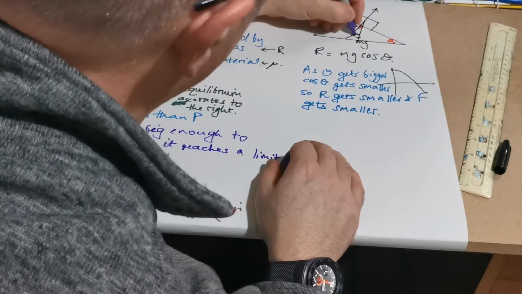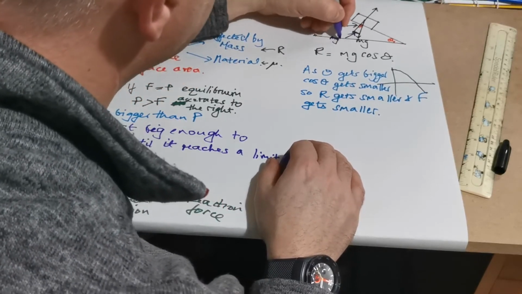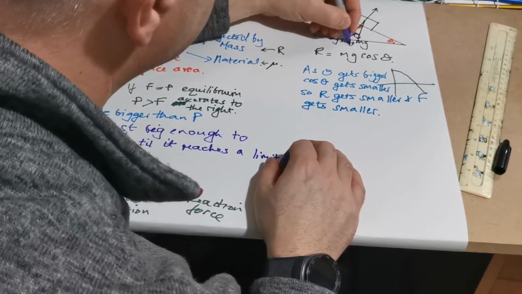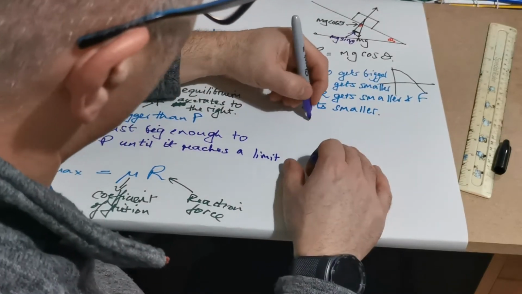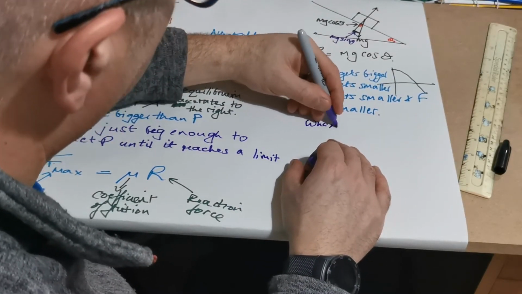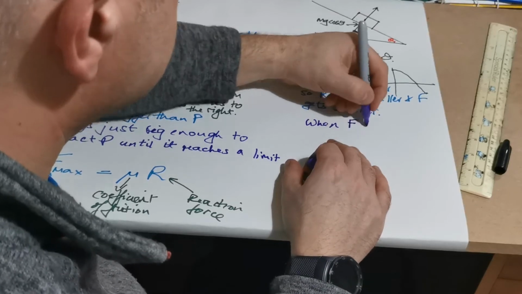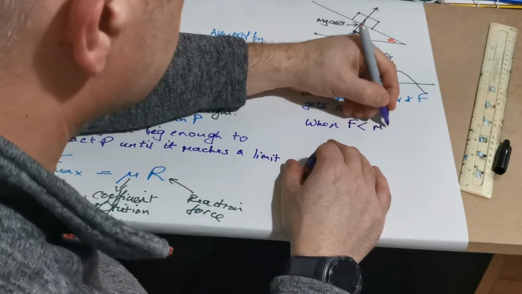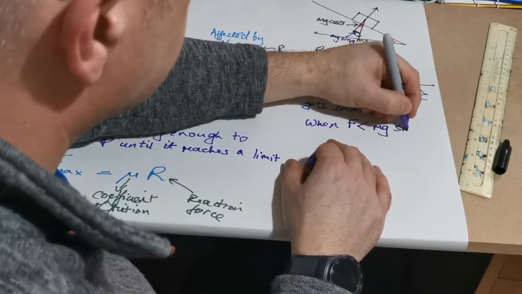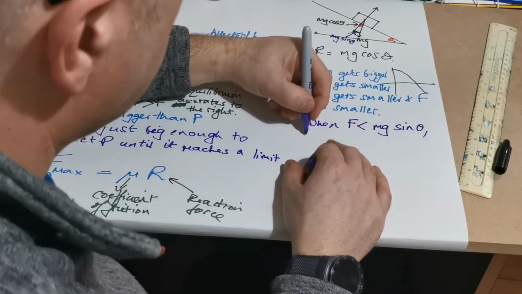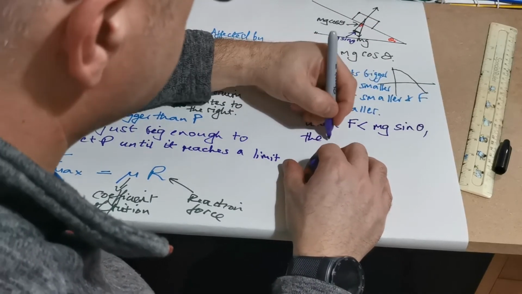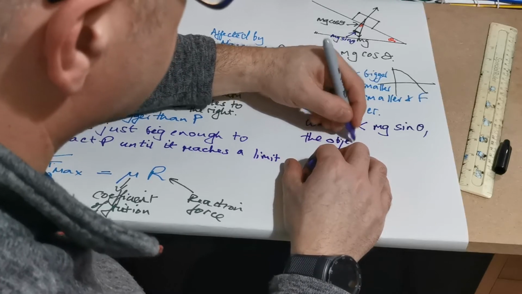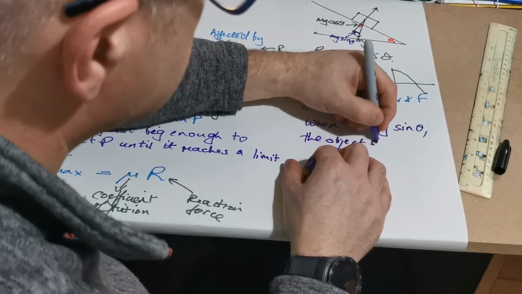So obviously we've got mg sine theta, and we would say when F is smaller than mg sine theta, the object slides down the plane.